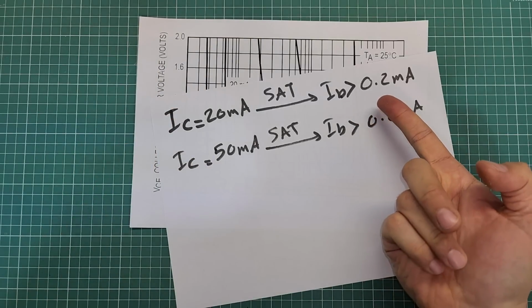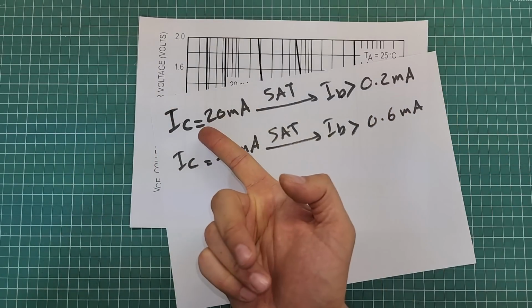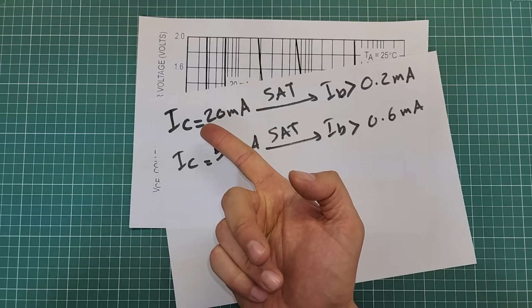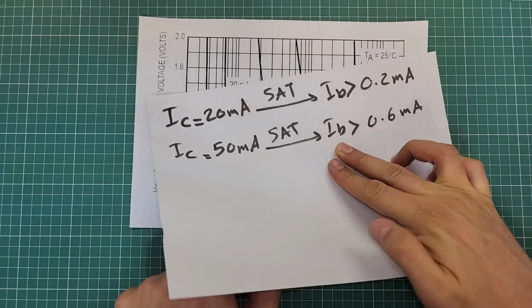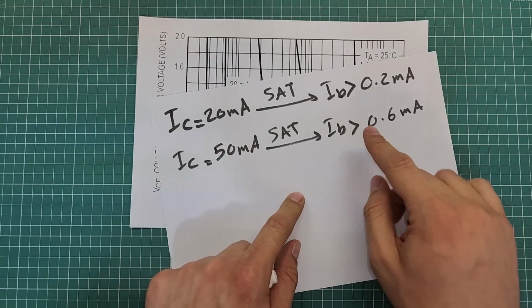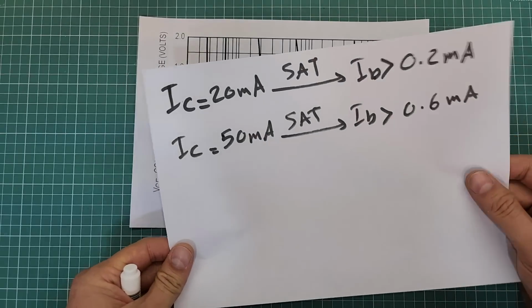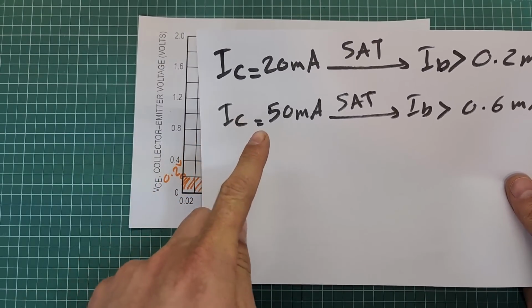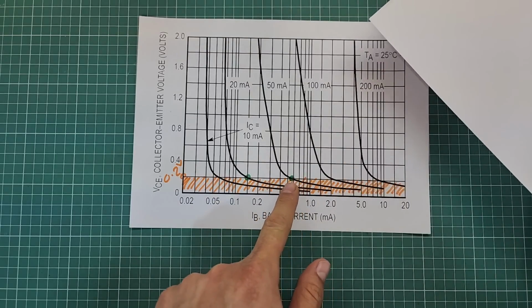Base current more than 0.2 milliamperes will cause the load with collector current equal to 20 milliampere to go to the saturation region. Look here at this point. And the base current more than 0.6 milliampere will cause a load with collector current more than 50 milliampere to go to the saturation region.